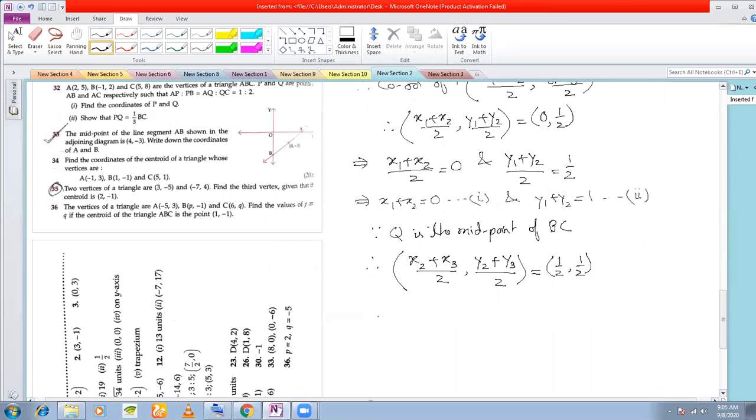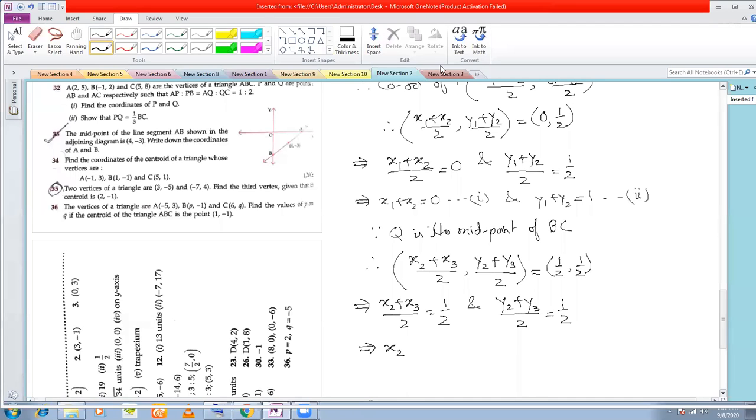So from here again we get two equations. It's (x2 plus x3)/2 is equal to 1/2, and (y2 plus y3)/2 is equal to 1/2.